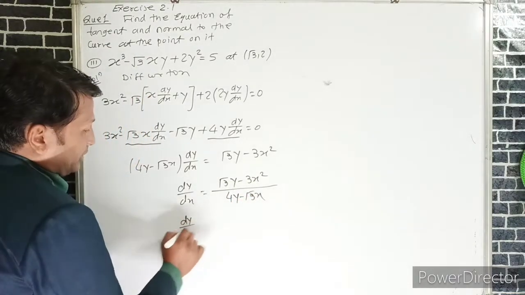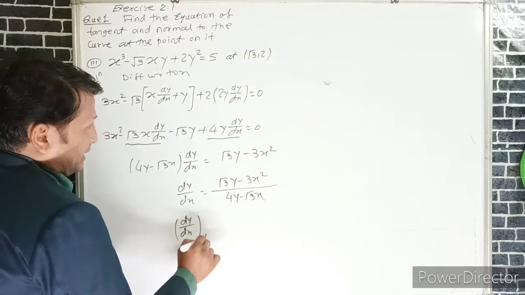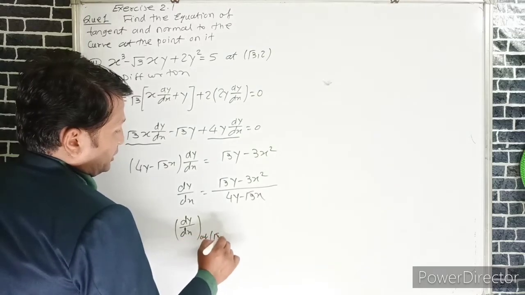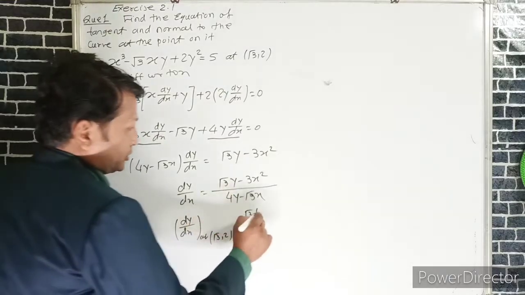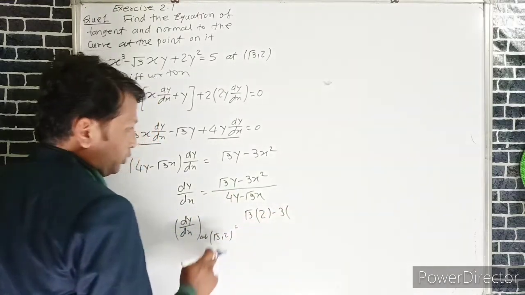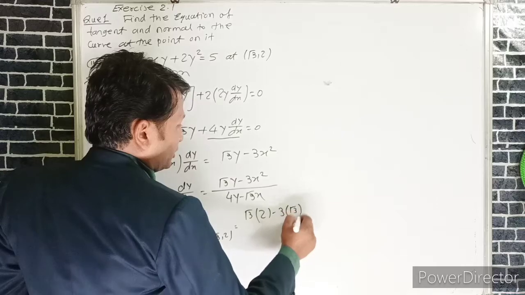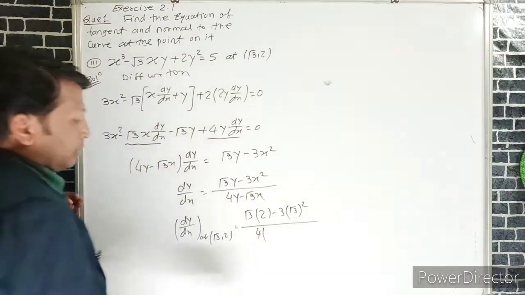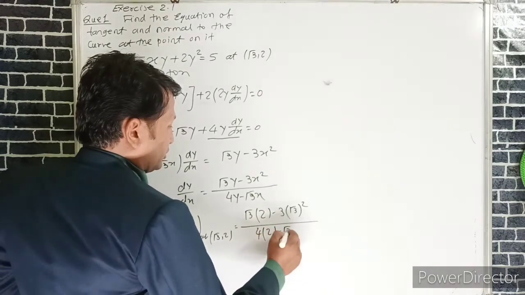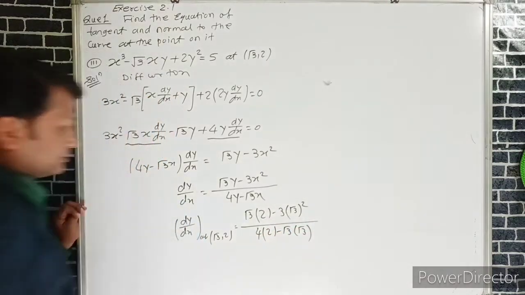Here we have to find dy by dx at (root 3, 2), which is under root 3 into the value of y, which is 2, minus 3 into the value of x, which is under root 3, bracket square, upon 4 into the value of y, which is 2, minus under root 3 into root 3.